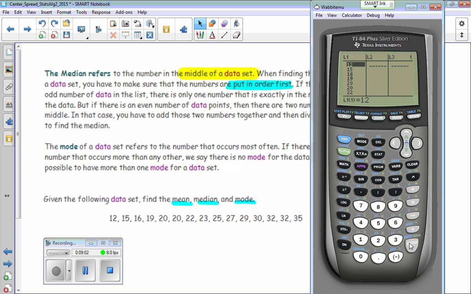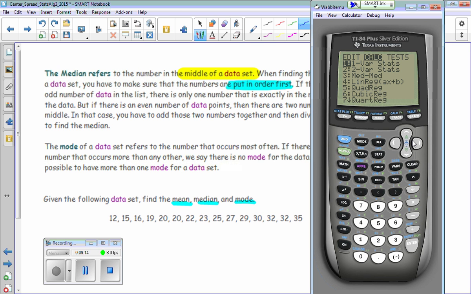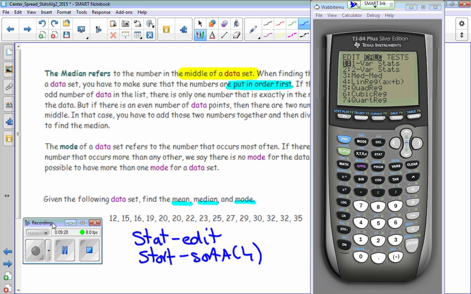Now the calculator will do it for you automatically. If you go to Stat Calc, I would write these down if I were you. So I went to Stat Edit and put the numbers in, and then I went to Stat Sort Ascending into list 1, and now I'm going to go to Stat Calc.